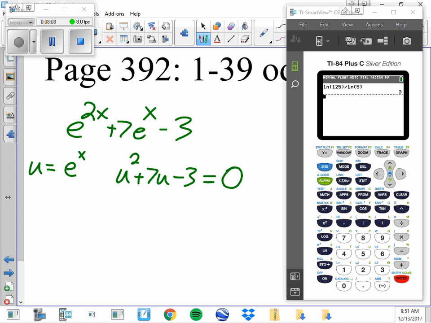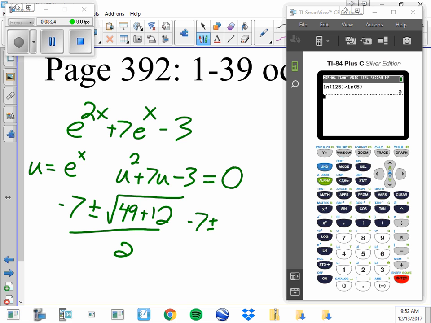So negative 7 plus or minus the square root of 49 minus 4 times 3 is 12. So plus 12 over 2. Negative 7 plus or minus the square root of 61 over 2.